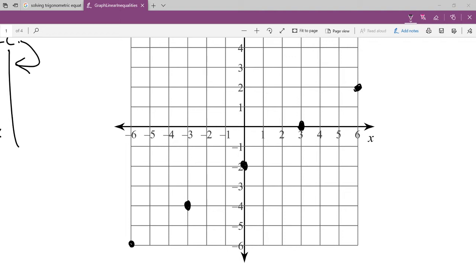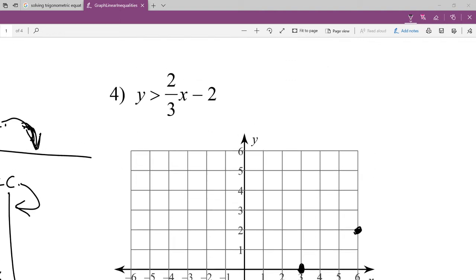Since it is greater than, you use a dashed line.